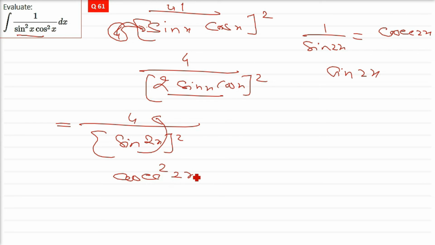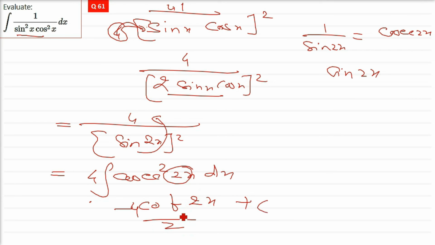And you know that cosec squared theta has a direct integration. 4 comes out, cosec square 2x dx, whatever is inside doesn't matter to us, because we are more interested in minus cot 2x, which will come. 4 is already there, and then we have 2x. This also needs to be differentiated, and it has to be kept in the denominator. So this gets cancelled, so minus 2 cot 2x will come.